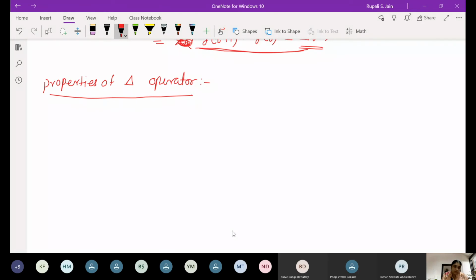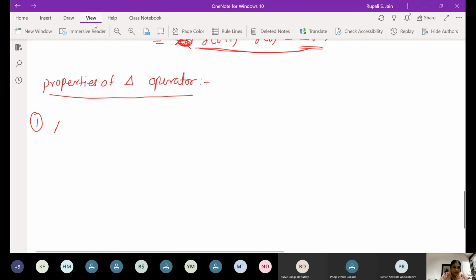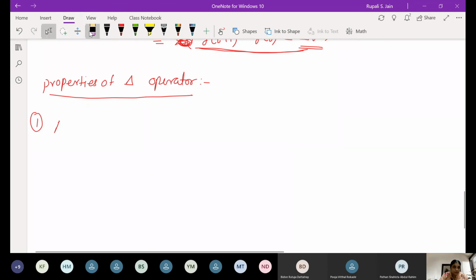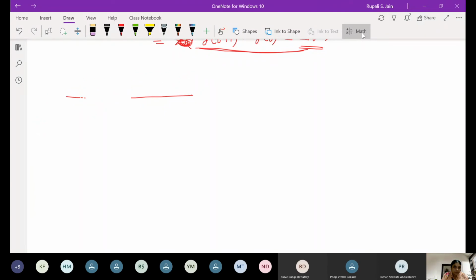Suppose, the first property you can say... before going to properties, let me ask: what about if it is a function of two variables? What will be delta? So first we will see if my function is of two variables.